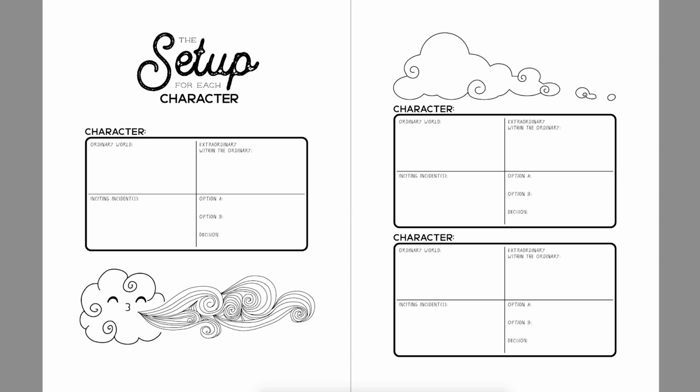Katniss's decision in this book: option A is she can just go to the Hunger Games and die, basically. She can just consider herself dead. Go to the Hunger Games and die, stick to her personal values, which are fairly obvious, which is that she doesn't want to have to kill other people in order to survive.